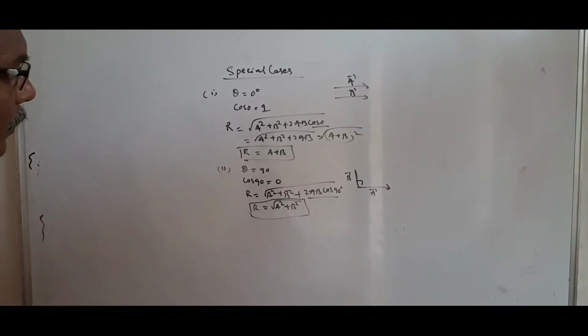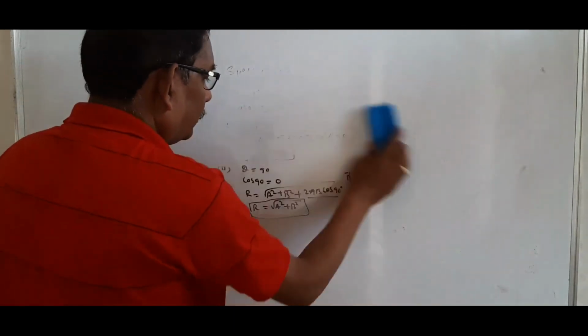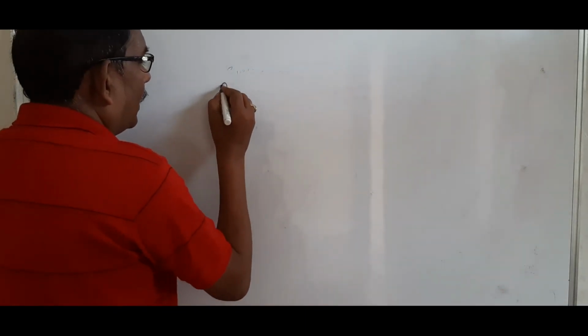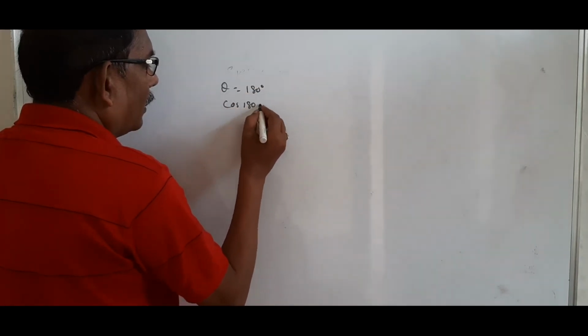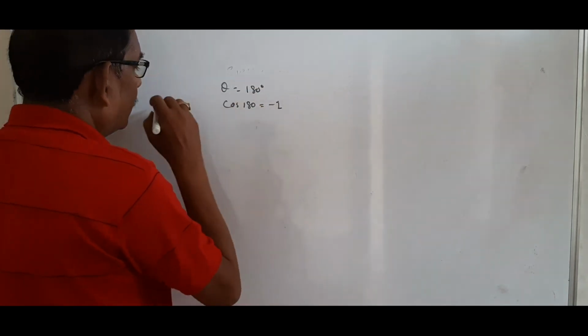Now come to the third case. When theta is equal to 180 degree, cos 180 is equal to minus 1.